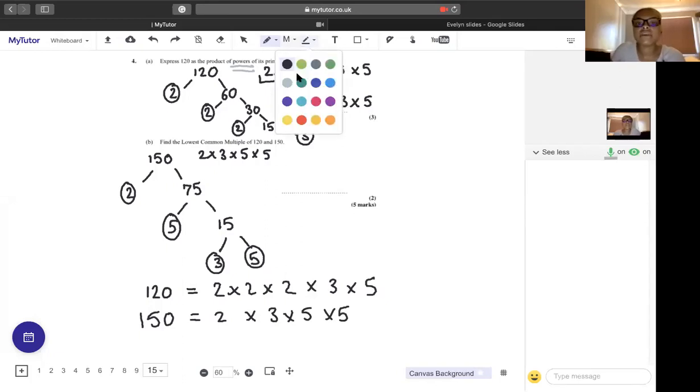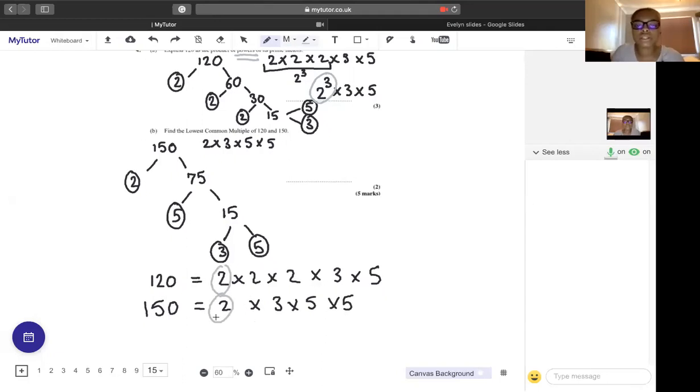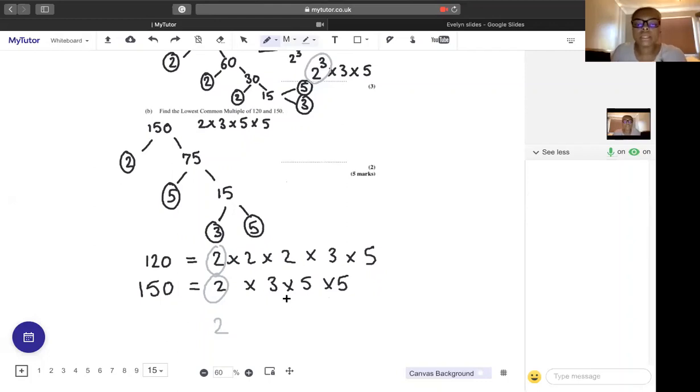Now we just need to find prime factors which are common in both numbers. So we've got a 2 in 120 and a 2 in 150. So we can write 1, 2 at the bottom. Now there's no more 2's left over in 150, but there are 3's which are common in 120 and 150. So we can multiply this 2 with 3, and there is a 5 as well.